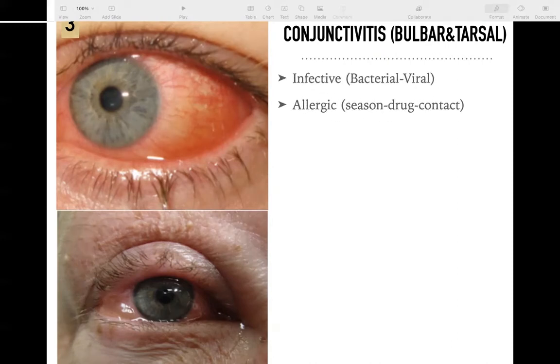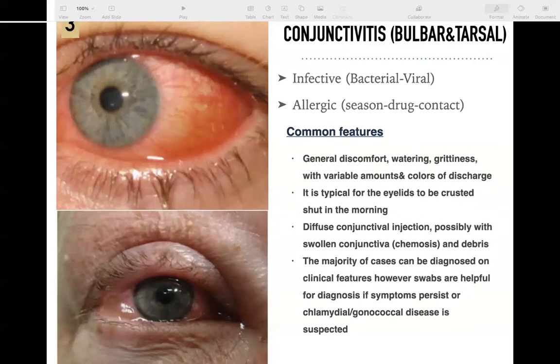About the causes, the conjunctivitis could be infective or allergic. The infective may be bacterial or viral. Allergic may be seasonal allergy, allergy to drug use, or contact with any irritant factor.